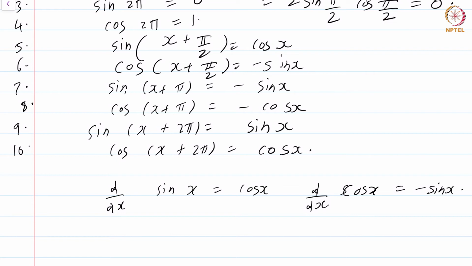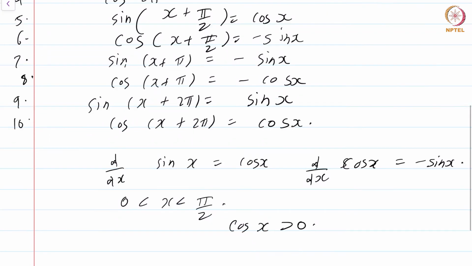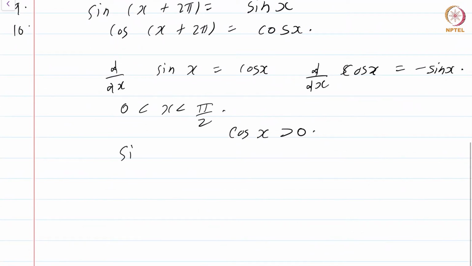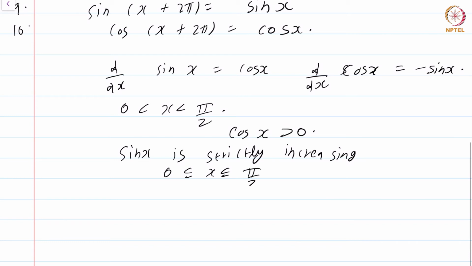Now let's focus on the interval 0 less than x less than pi by 2. In this interval, cos x is greater than 0, right? Therefore, what we can conclude is that sine x is strictly increasing in the interval 0 less than or equal to x less than or equal to pi by 2, simply because the derivative is greater than 0.